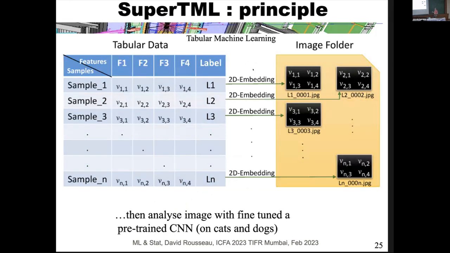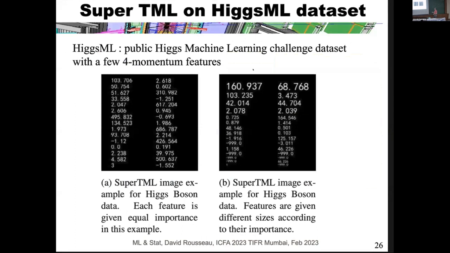You start from tabular data, so an Excel spreadsheet with events and then a list of features, and then you generate images with literally the numbers. And then these images you feed to a convolutional neural network, the same kind, one trained on cats and dogs.